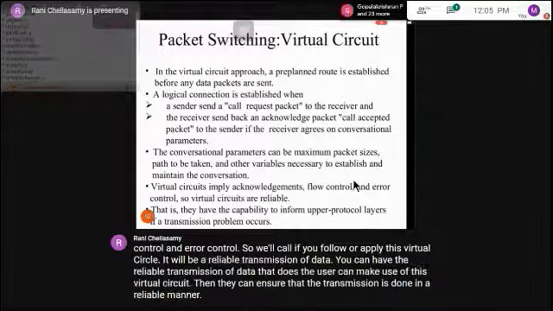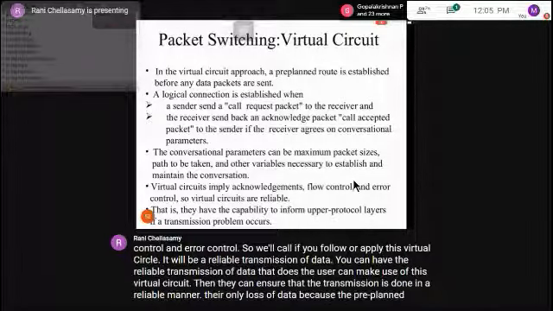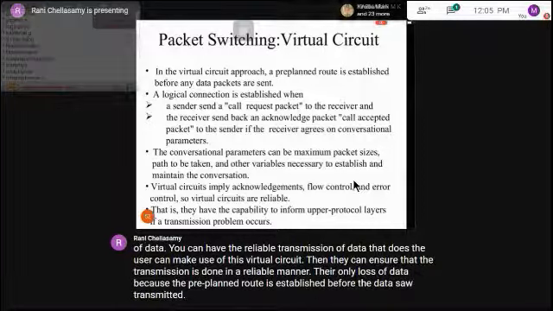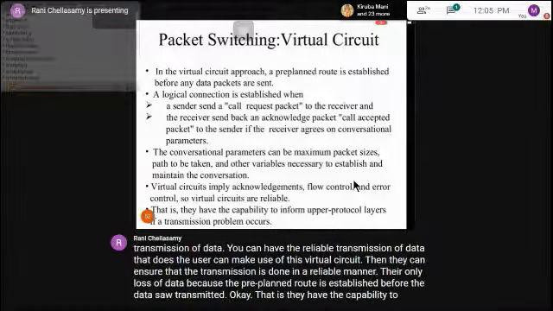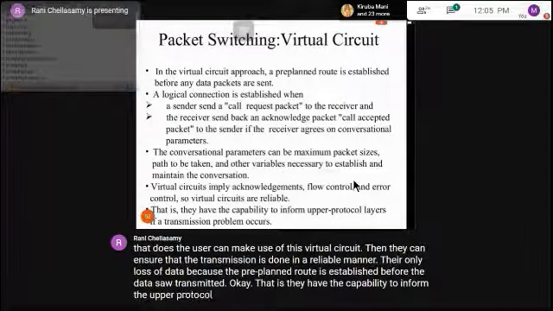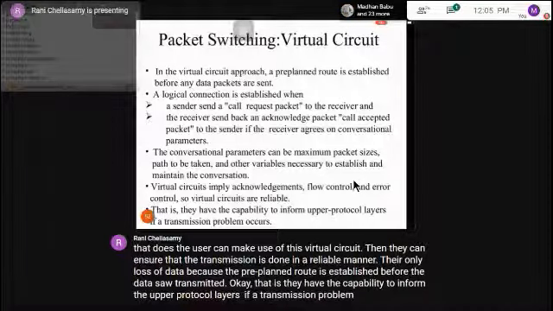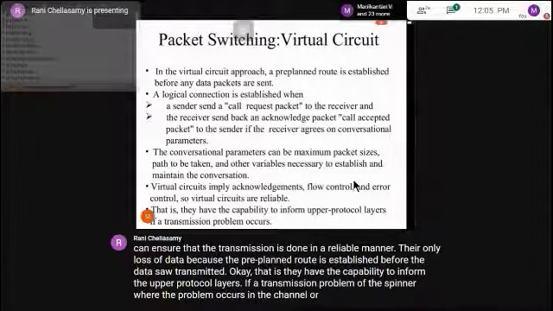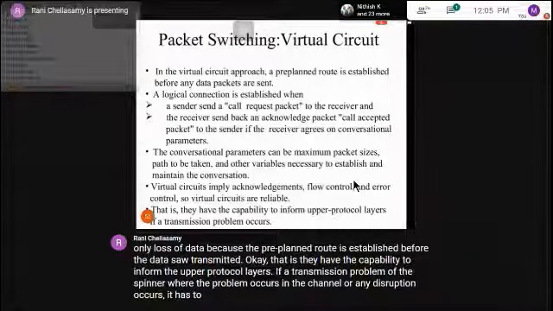There won't be loss of data, because the pre-planned route is established before the data are transmitted. They have the capability to inform the upper protocol layers if a transmission problem occurs. Whenever a problem occurs in the channel or any disruption occurs, it has to inform the upper protocol layers.